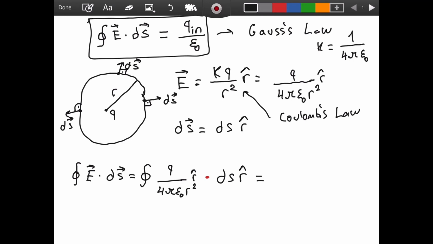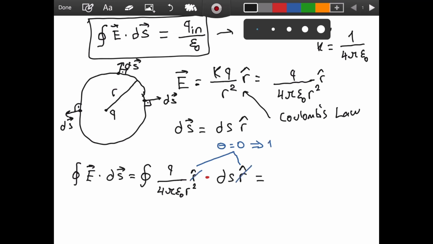So when we dot r hat and r hat, since the angle between them is theta equal to 0, we simply get 1. So r hat and r hat cancel each other.